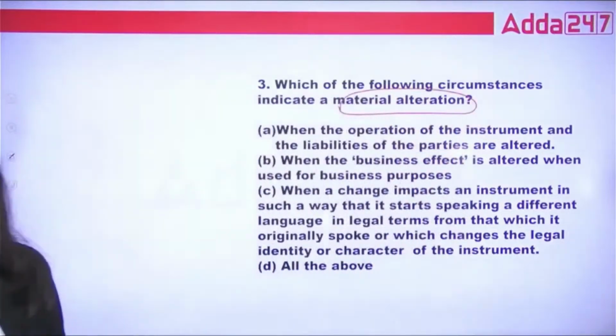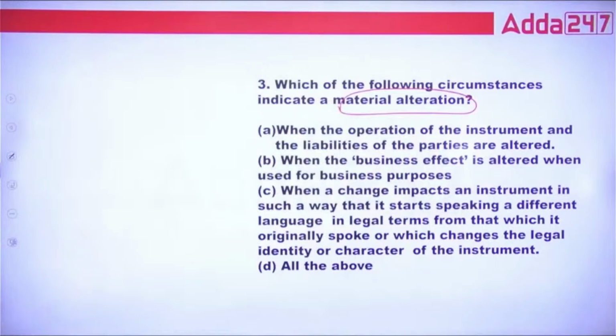First, when the operation of the instrument and the liabilities of parties are altered, when the business effect is altered, when a change impacts an instrument in such a way that it starts speaking a different language in legal terms from that which it originally spoke, and which changes the legal identity and the character of the instrument. Tell me, class. Third one. Material alteration.